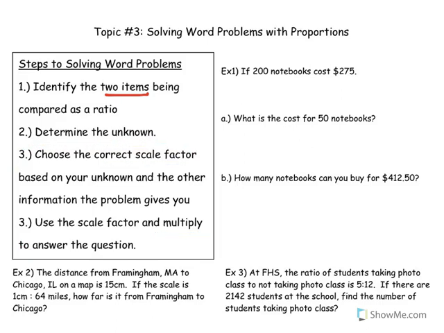So example number 1 says, if 200 notebooks costs $275, okay? That's what I'm given. It's kind of a fragment. There should be a comma there. So I'm comparing 200 notebooks to $275. There's my ratio, okay? What is the cost for 50 notebooks? So what I'm actually going to have you guys do is I want you to set up a proportion.